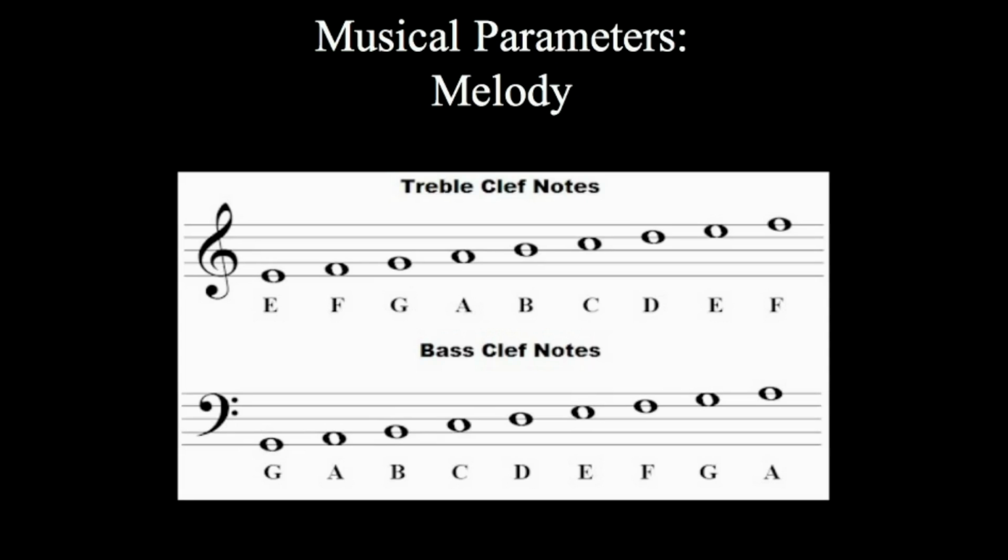So in MIDI, it's 60. In standard Western music notation, it's middle C. So what we see here is musical notation. We've got a treble clef on top and a bass clef on bottom. These clefs tell us how to read these lines.